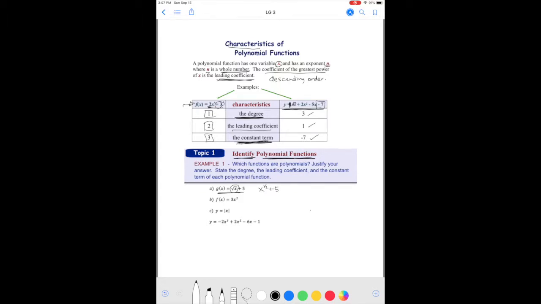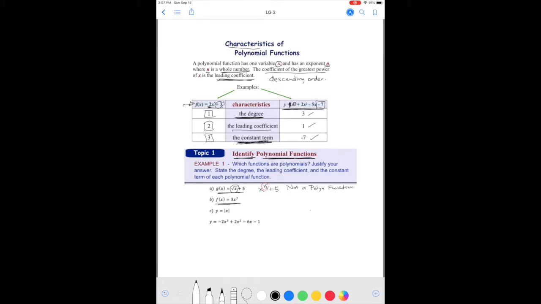And we know by the definition I just explained that this leading power has to be a whole number, and in this case it's not a polynomial function, just because of that half. Remember, it has to be a whole number.